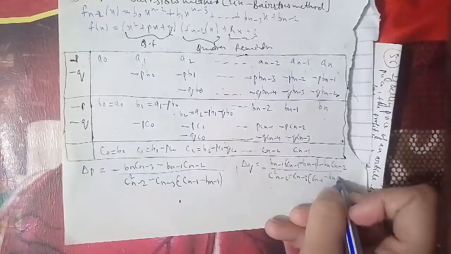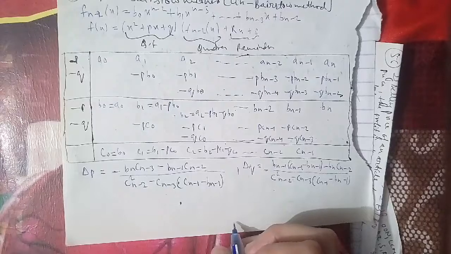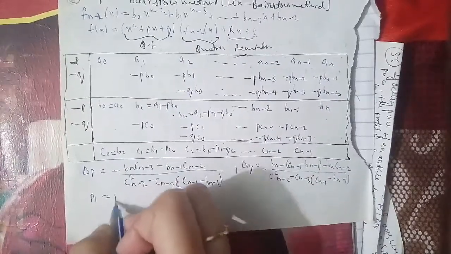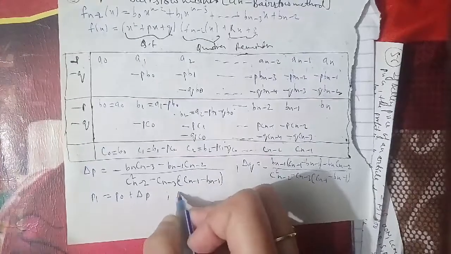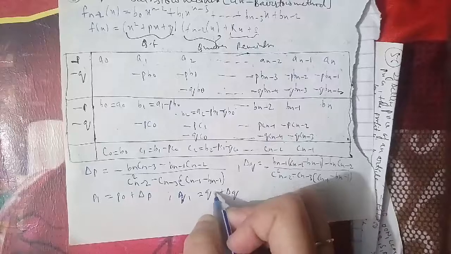So the improved values of P0 and Q0 are given as P1 equals P0 plus delta P, Q1 equals Q0 plus delta Q.